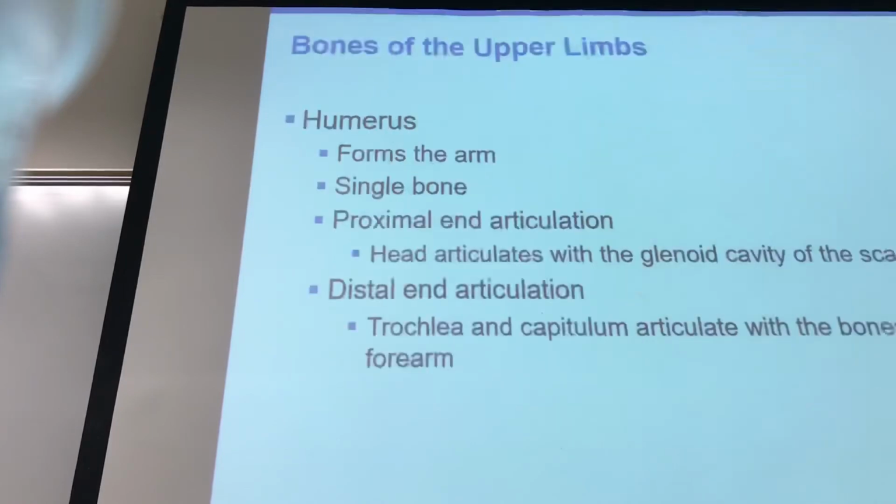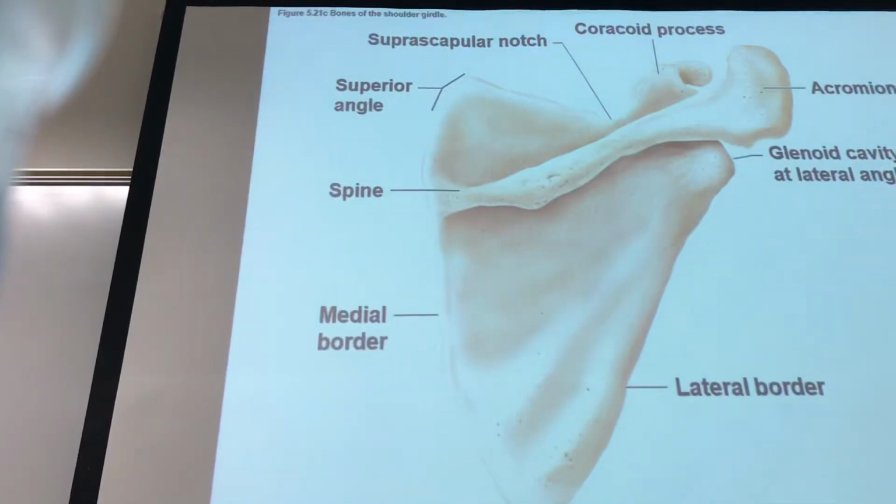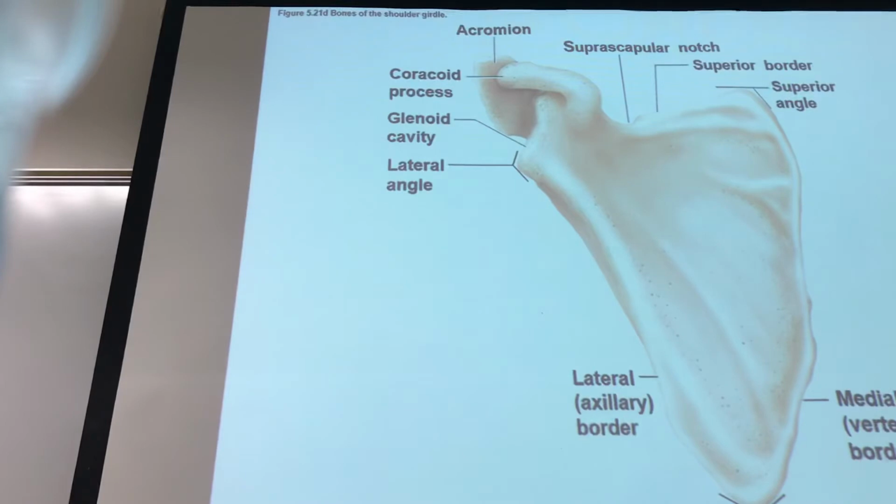And then last but not least, as you look on the lateral side of this scapula, there's something called the glenoid cavity. This little egg-shaped depression is the glenoid cavity.